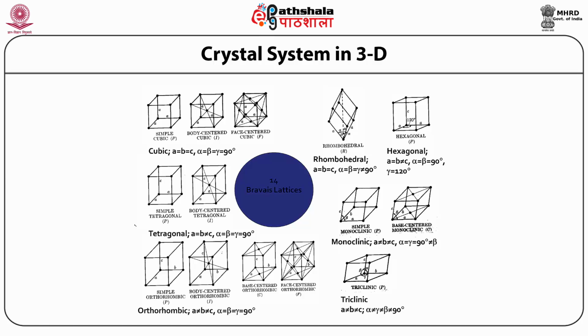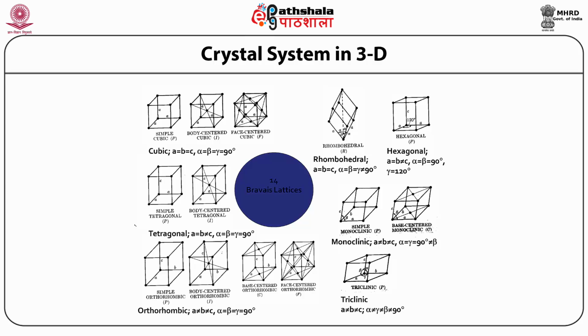In this, A is equal to B and it is not equal to C, whereas all the angles are equal to 90 degrees. It has only simple and body-centered structure. Next is orthorhombic. Orthorhombic has all the sides not equal to each other, that is A not equal to B not equal to C, whereas all the angles are equal. It exists in simple and body-centered.